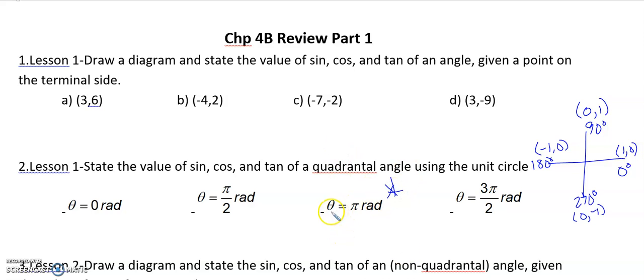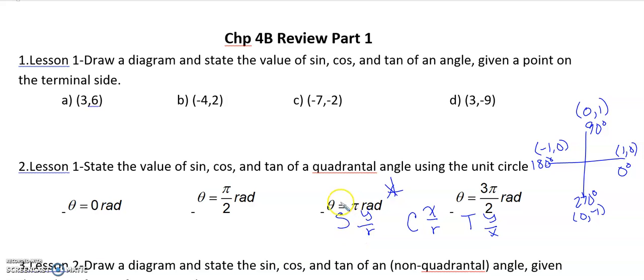So if I wanted the sine, cosine, and tangent for this particular angle of 180 degrees, then sine, remember, is y over r, cosine is x over r, and tangent is y over x. And remember, in a unit circle, the radius is the distance from the center of the circle. And in this case, it would be a distance of 1.